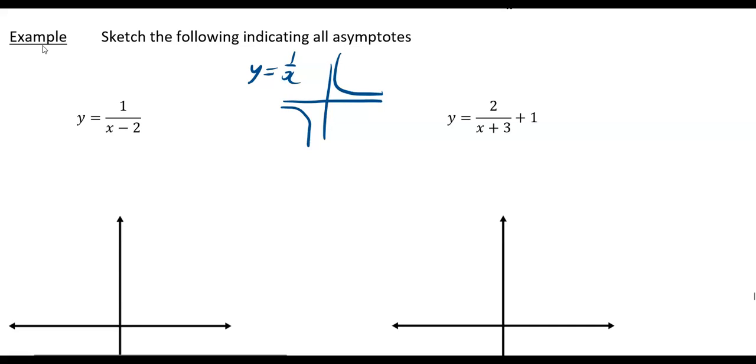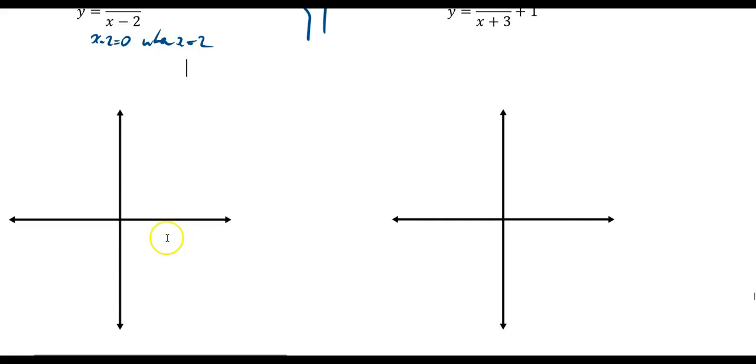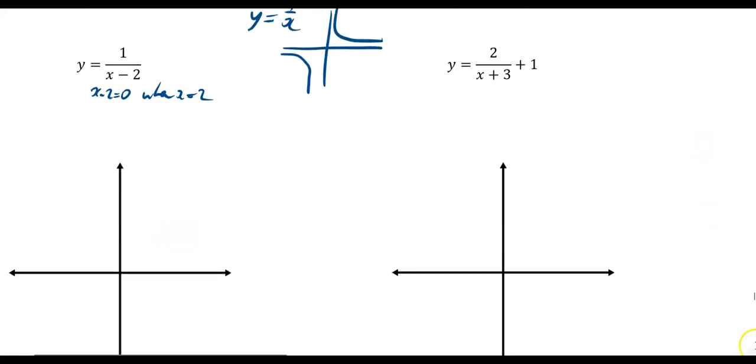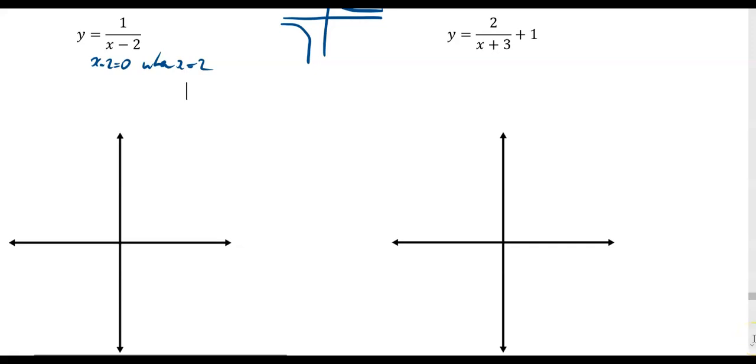So here, I'm just going to say x minus 2 equals 0 when x is equal to 2. That tells me in this particular one that when x equals 2, there's going to be an asymptote. So x equals 2 is the value that gives you the 0 on the bottom line, so it's what causes a problem.